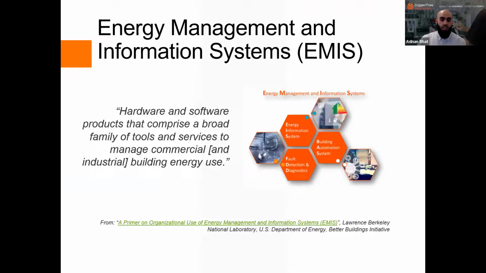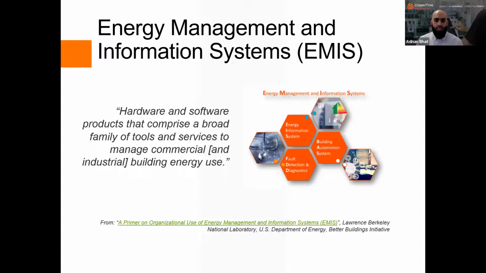These technologies, EMIS, and associated functionalities include monthly data analytics, energy information system, fault detection and diagnostic, and advanced system optimization. In essence, EIS and FDD, energy information system and fault detection and diagnostic, are the primary supervisory tools that integrate with building automation systems to provide enhanced visibility into the complex systems operating inside buildings today.